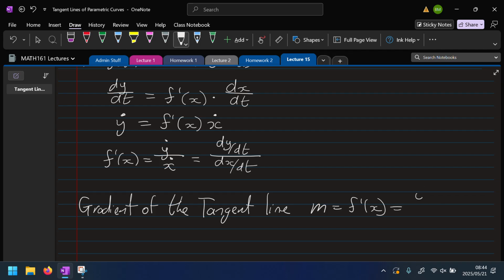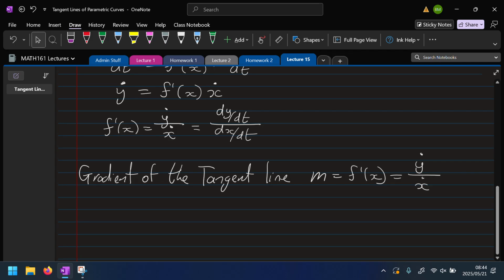And then that will be y dot over x dot. And then we know the equation of a straight line. So let's say this was at the point a comma b. Then we would write y minus b is m times x minus a. If you're interested in the tangent at a, b, that's your straight line equation.